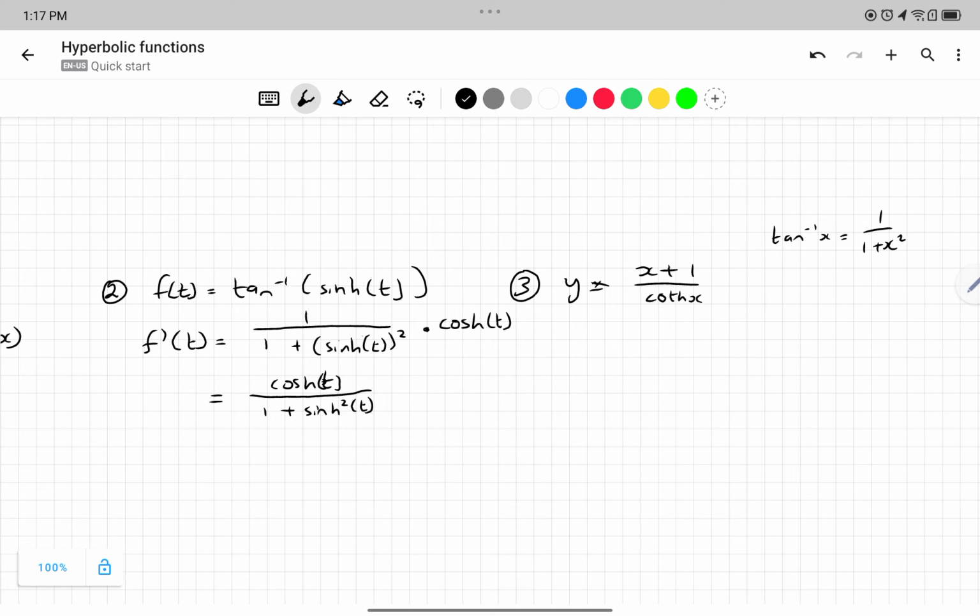Now, you also need to remember that since hyperbolic cosine squared of t minus hyperbolic sine squared of t is equals to 1, that means hyperbolic cosine squared of t is equals to 1 plus hyperbolic sine squared of t, right? So that says that this part in the denominator is equals to hyperbolic cosine squared of t.